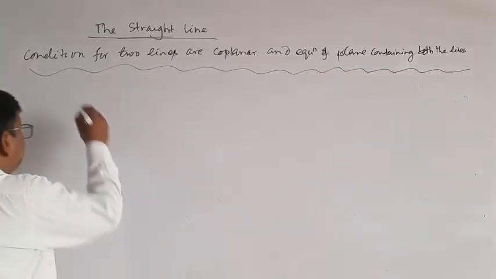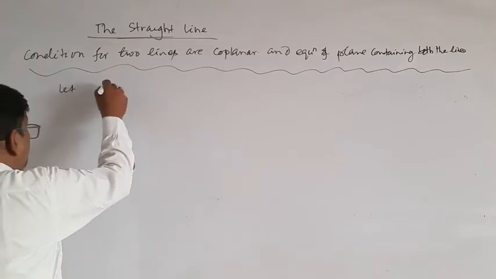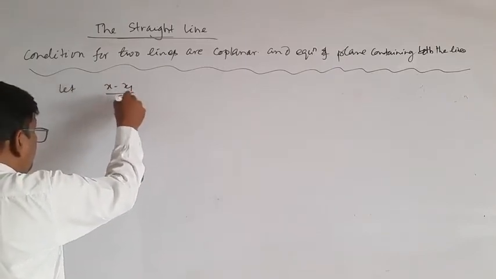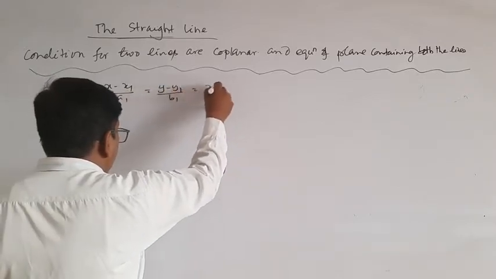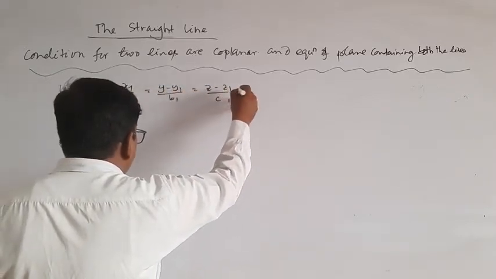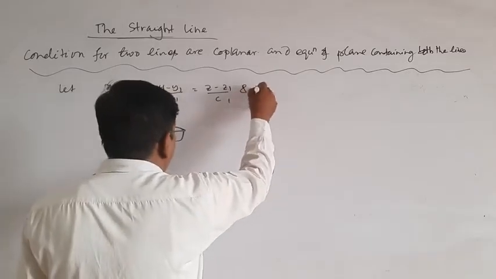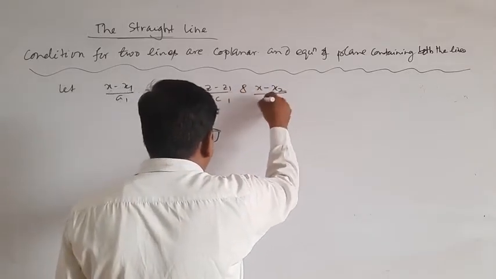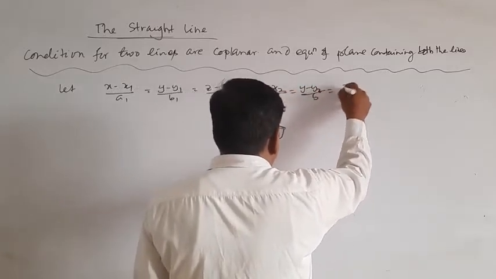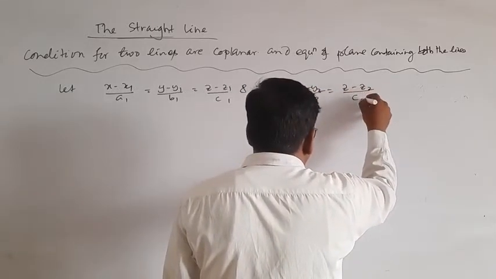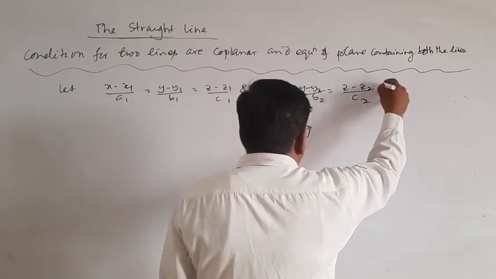Let (x minus x1) by a1 equals (y minus y1) by b1 equals (z minus z1) by c1, and (x minus x2) by a2 equals (y minus y2) by b2 equals (z minus z2) by c2 be two lines.